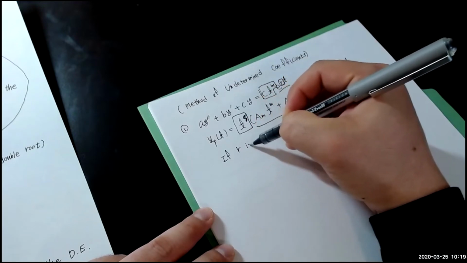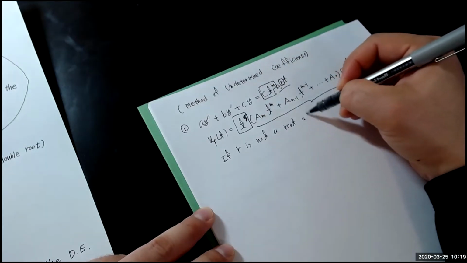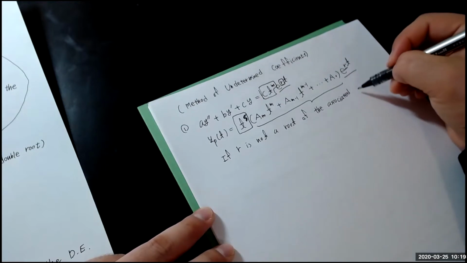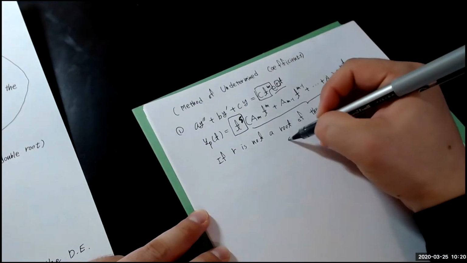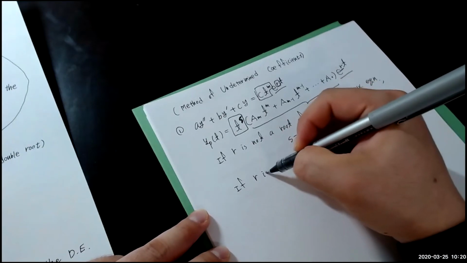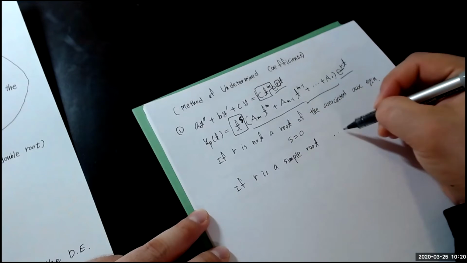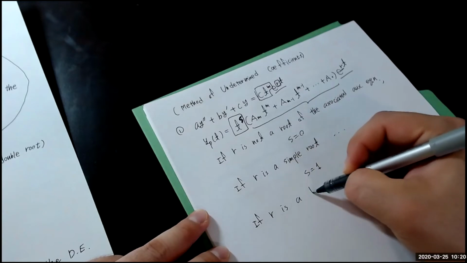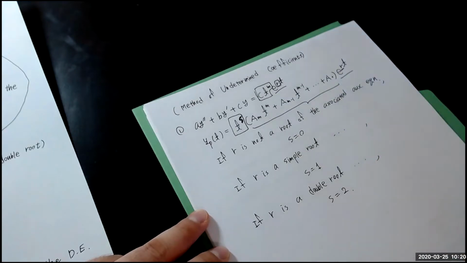If r is not a root of the associated auxiliary equation, then s equals 0. If r is a simple root, then s must be 1. And if r is a double root, then s must be 2.